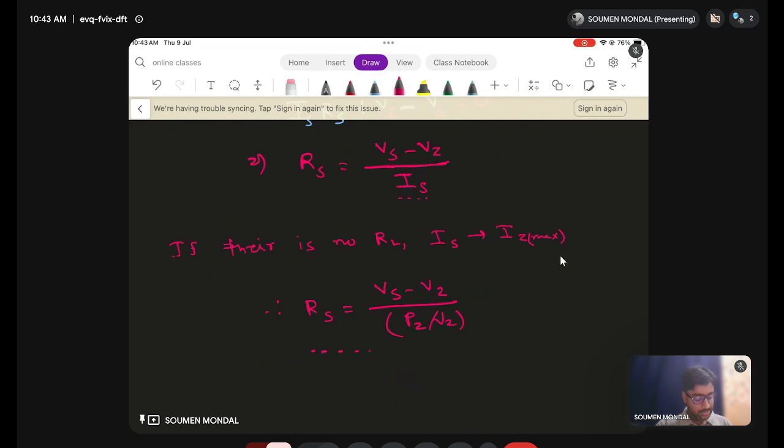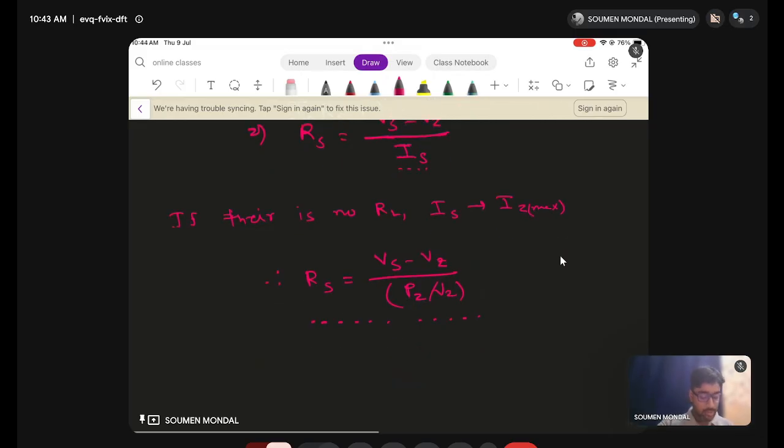So this formula gives us an idea of how to choose the minimum value of Rs such that we can protect the Zener diode.